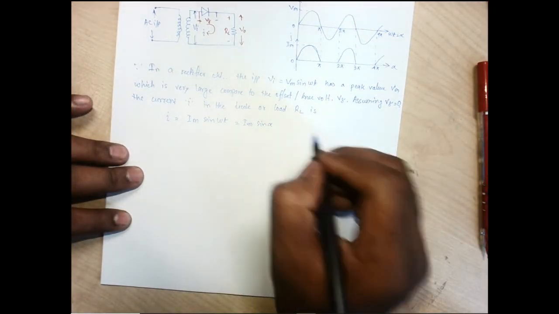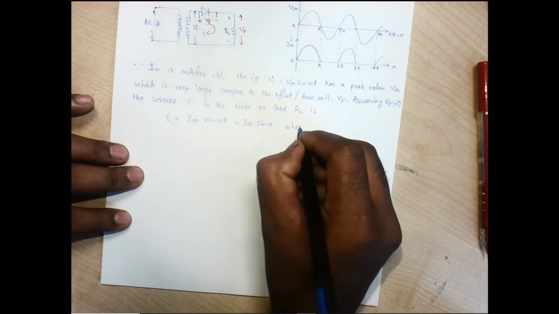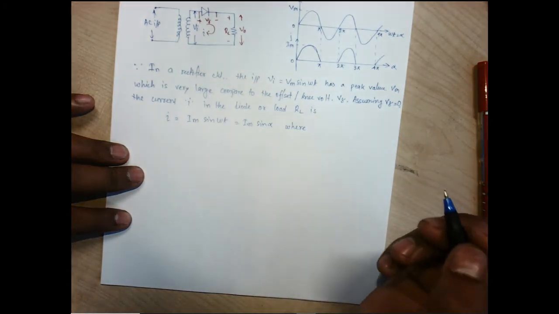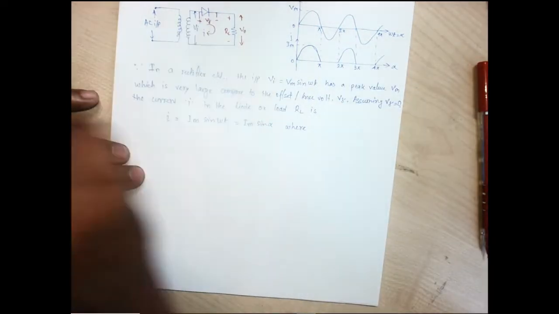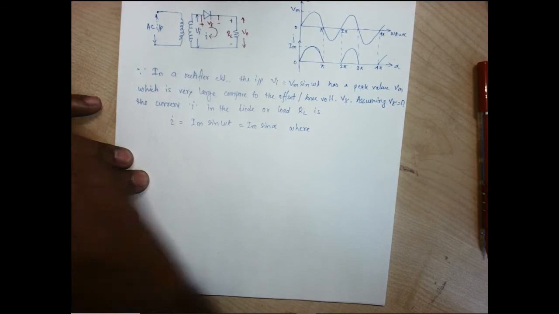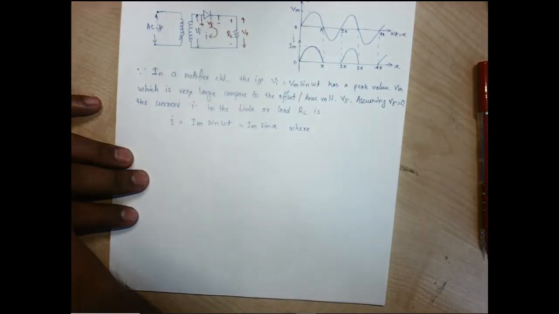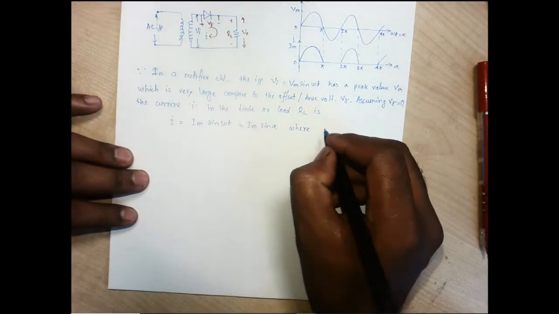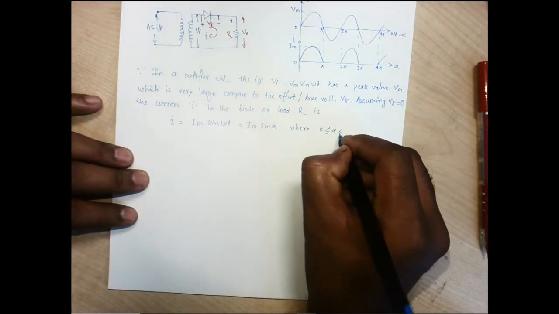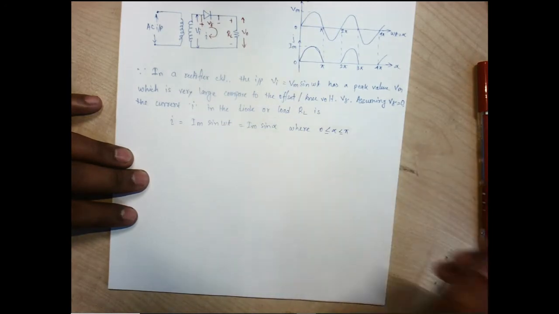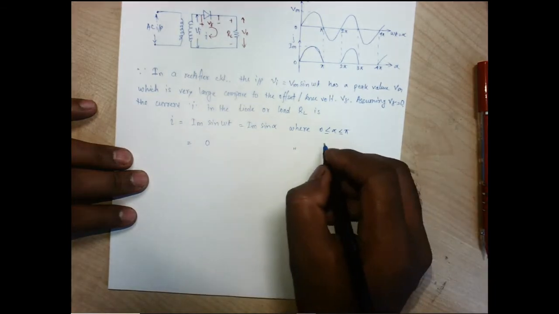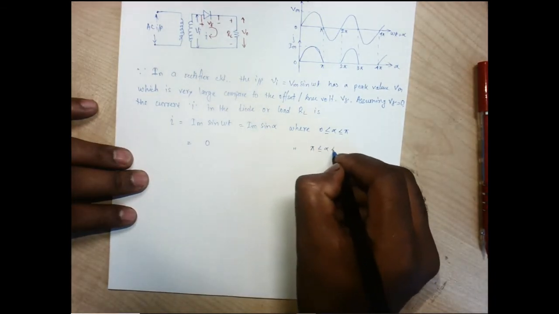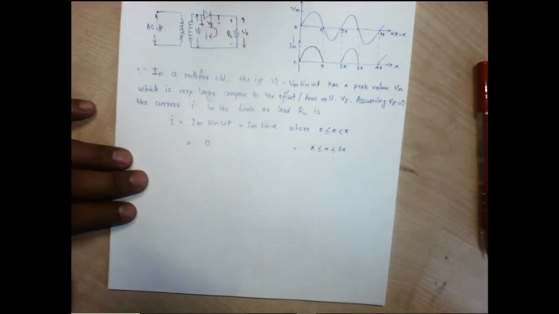So what is the value of this alpha? Alpha is limited between 0 to pi, because this diode will allow the current to flow only for the positive half, and for the negative half the diode will be switched off. So it is limited within 0 to pi, and it is 0 for pi to twice pi. In this way it will go on continuing.